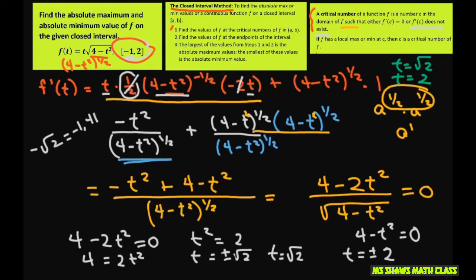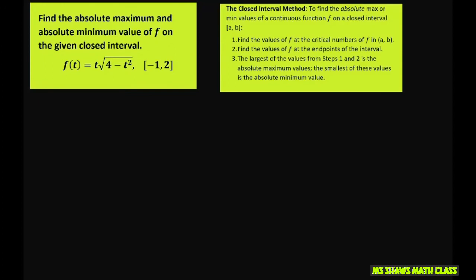After that, we're going to check our endpoints. We find the values of f at the endpoints of the interval. That part's pretty easy. So we want f of negative 1, which is negative 1 times the square root of 4 minus negative 1 squared, and this is going to equal negative square root of 3.